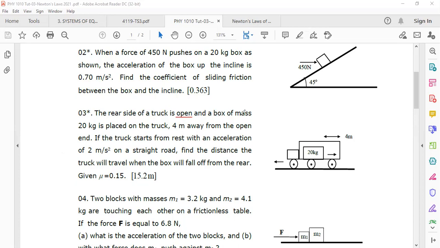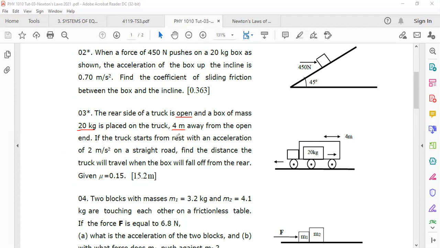A box of mass, definitely we need a mass at some point since they told us a mass. It's 20 kg is placed on a truck 4 meters away from the open. So it is 4 meters away from the open. So it means whatever happens, if you were to push this box out, you would push it over a distance of 4 meters for it to fall off the truck.